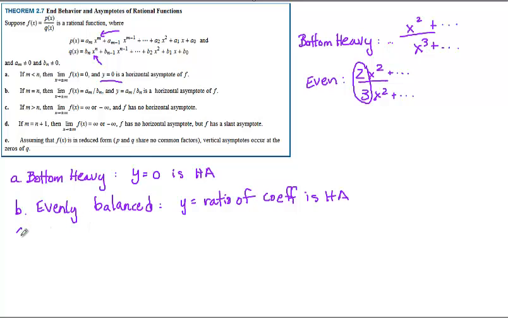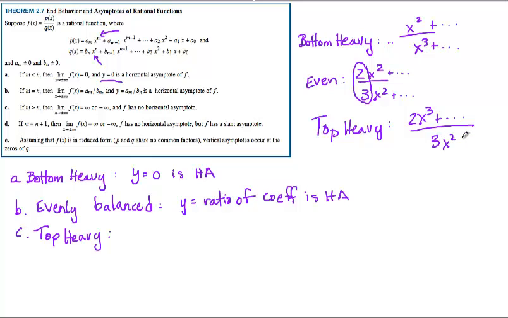The C case is for a top-heavy function. On this top-heavy function, we've got something like x cubed plus other terms over the degree in the numerator is heavier or bigger than the degree in the denominator, so we'll just say this is a 3x squared plus other terms, looking at the highest powers there.